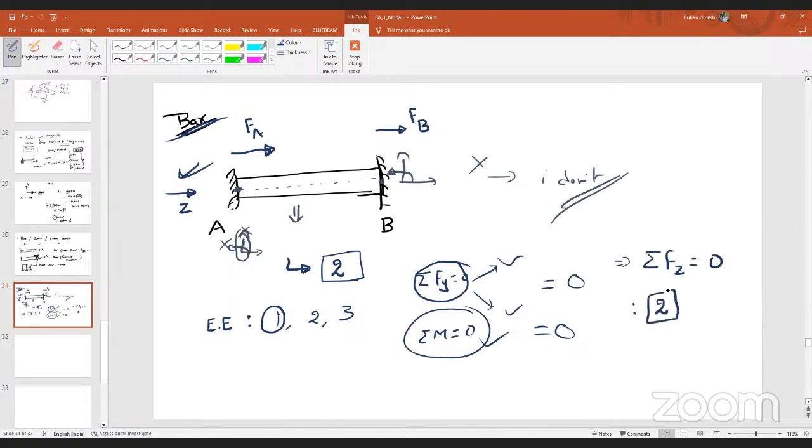But how many equilibrium equations do I have? 1. So what is the indeterminacy here? The number of unknowns is 2, the number of equations is 1. So the indeterminacy of the problem is 1. Is it clear about the indeterminacy of this bar problem?